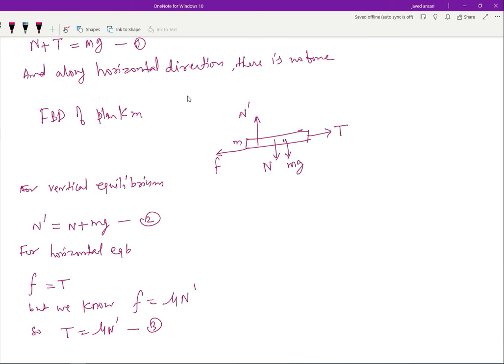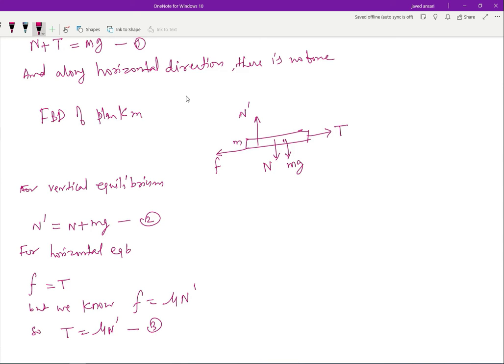So how many unknowns do we have? We have T, N dash and N. Three unknowns and we have three equations, so we can solve it easily. Now this physics is over. Now it's mathematics.